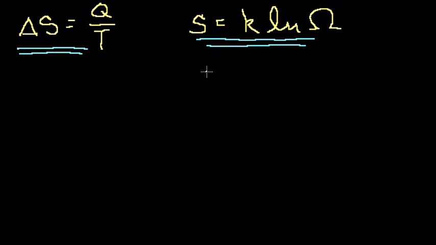So given that we've seen these two definitions, it's a good time to introduce you to the second law of thermodynamics. Second law. And that's this. And it's a pretty simple law, but it explains a whole range of phenomena.